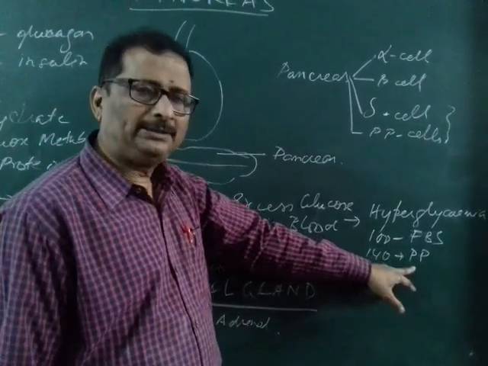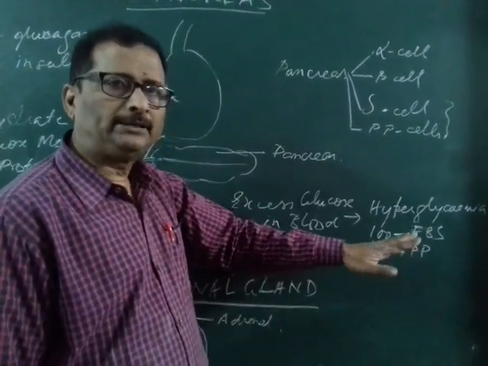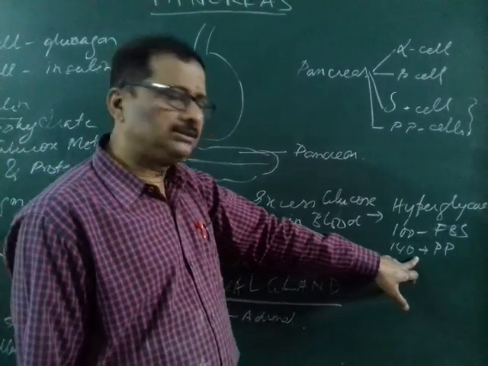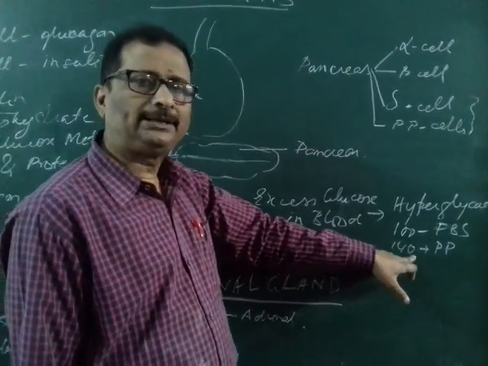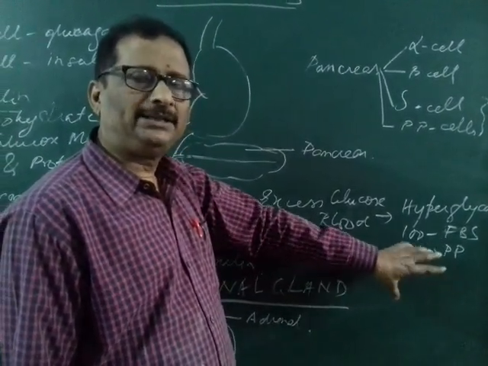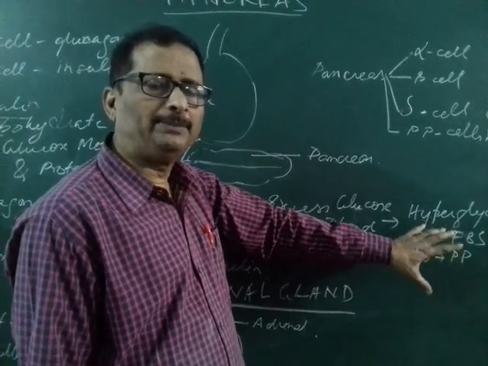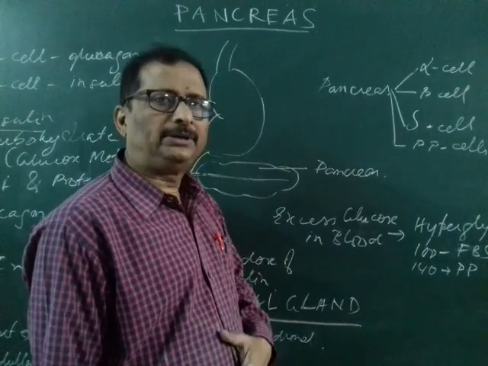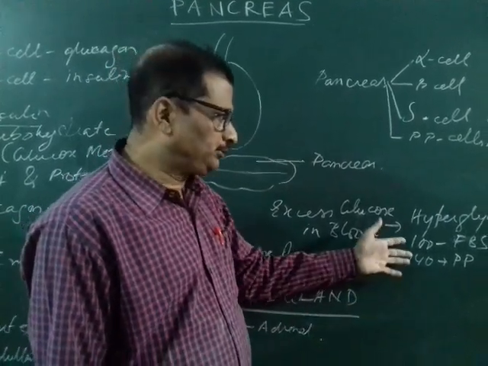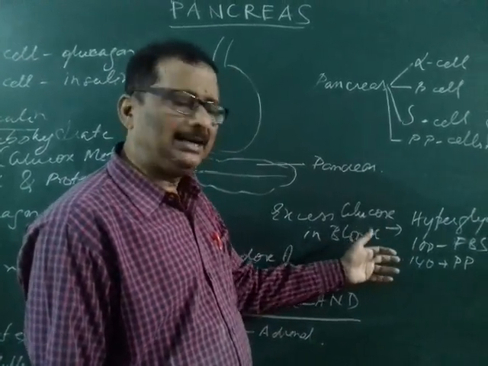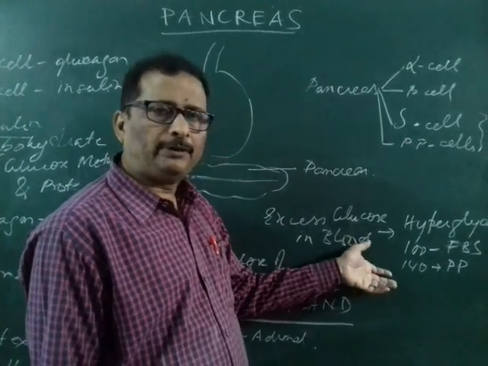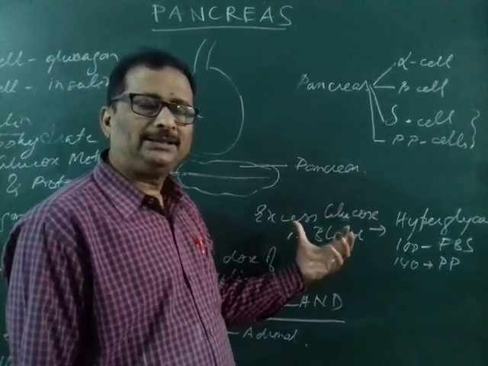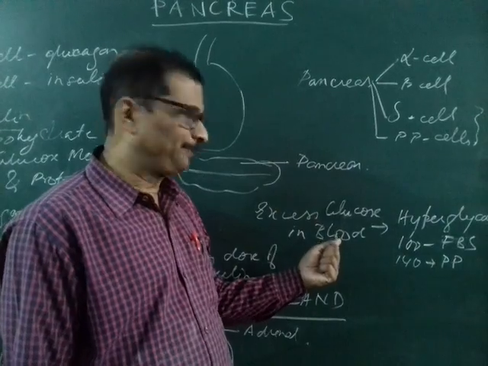And postprandial, that means 2 hours after you take a full meal, if the sugar is 140 milligram per deciliter of blood, we say the person is a hyperglycemic patient, or he may be having what is called diabetes mellitus. So it should always be less than 100 and less than 140. But if it is too low, we say the person is hypoglycemic.